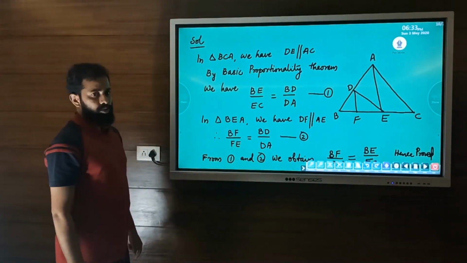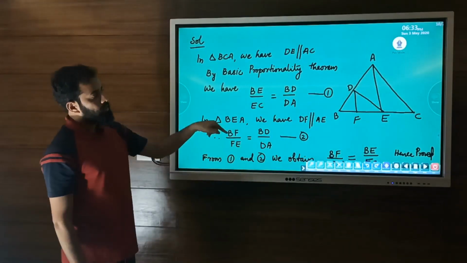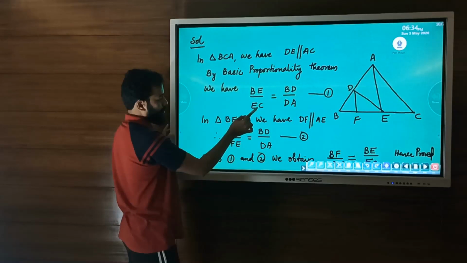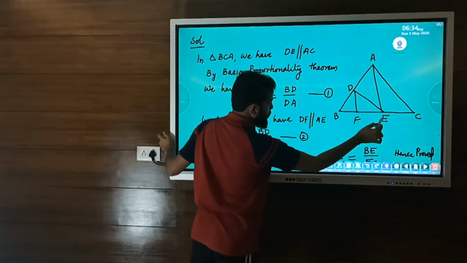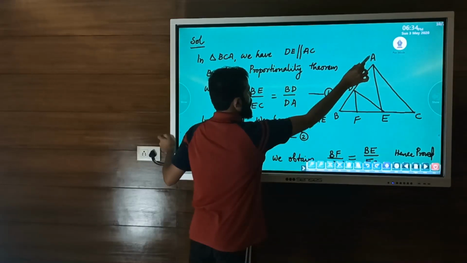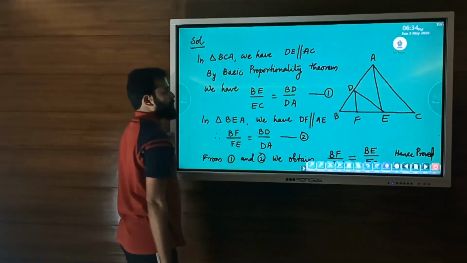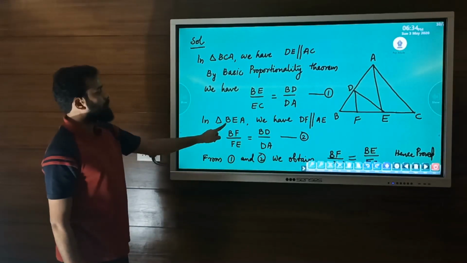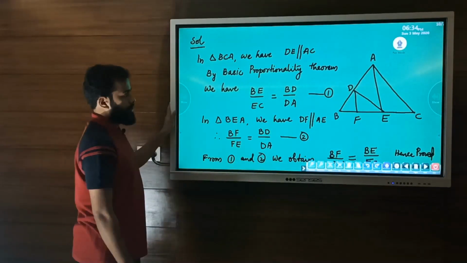So by the basic proportionality theorem, if the lines are parallel, the sides are divided in the same ratio. BE divided by EC equals BD divided by DA. Equation 1.